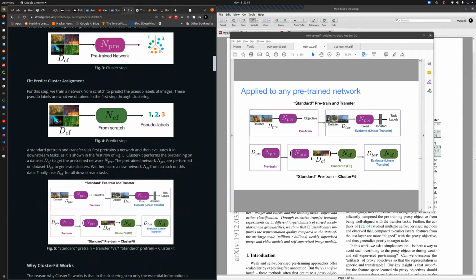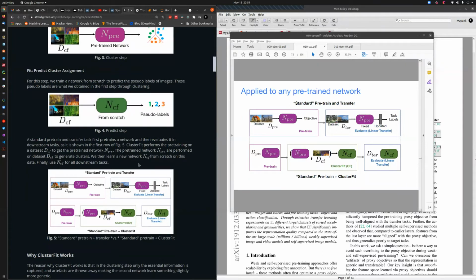Then we go through the application in the downstream tasks, and pre-training on our datasets to get the pre-trained networks of NPRE. So we can see the pre-training objective and then how it is being applied here.